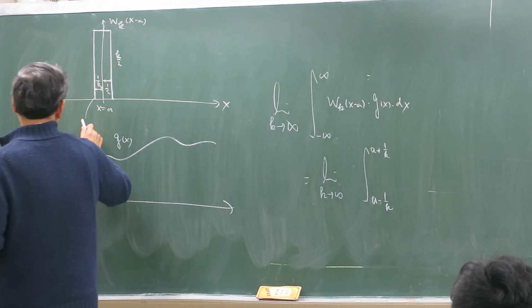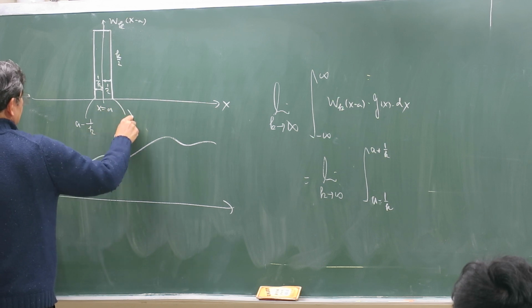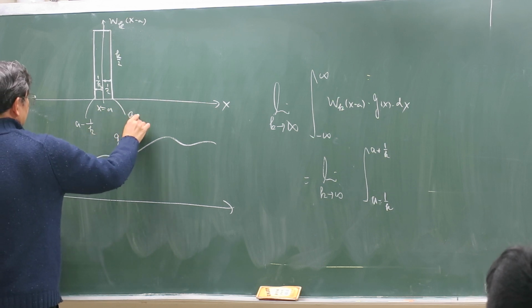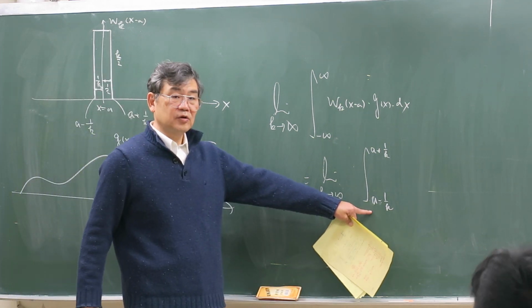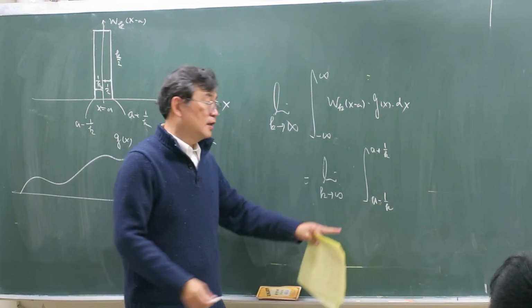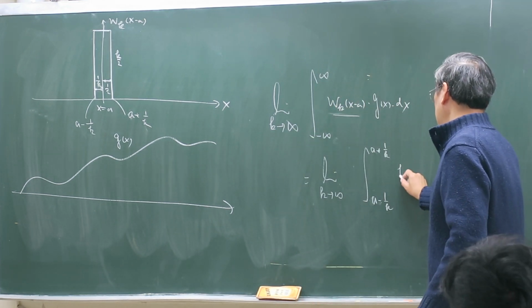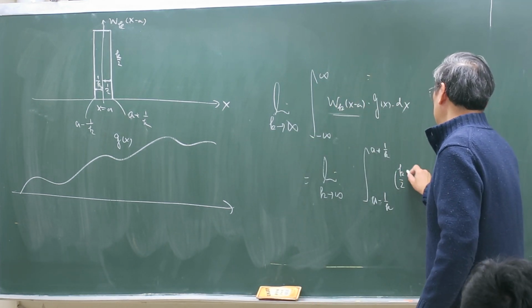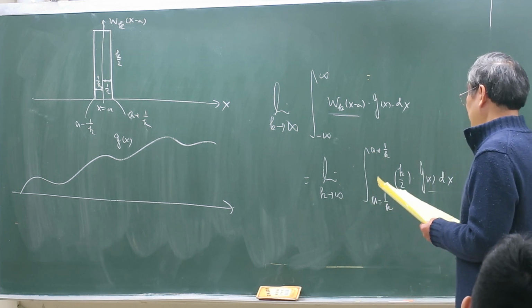This is a minus 1 over k, this is a plus 1 over k. So this is the domain of the non-zero part. And inside the domain, this value is k over 2, and g(x) dx.